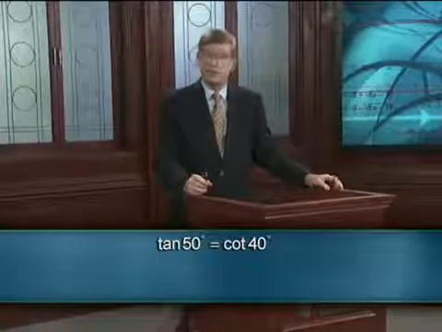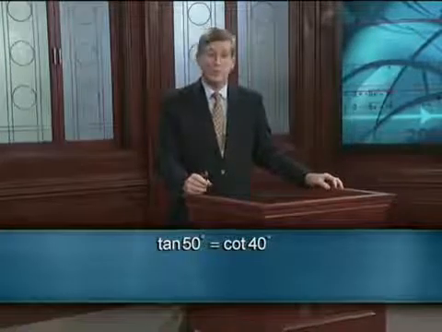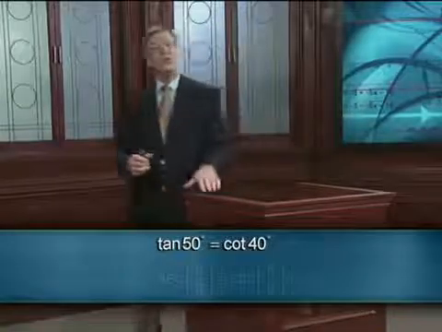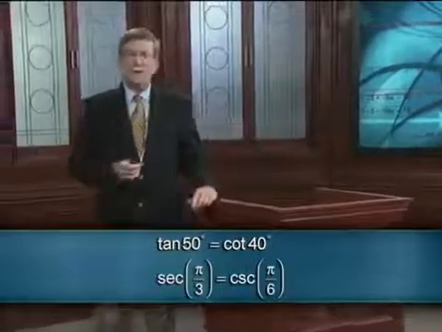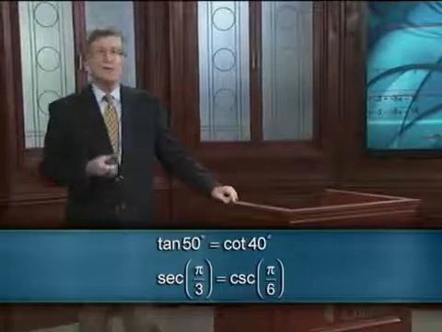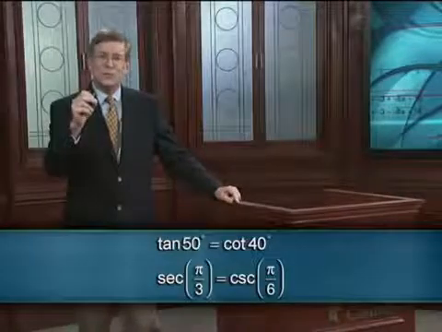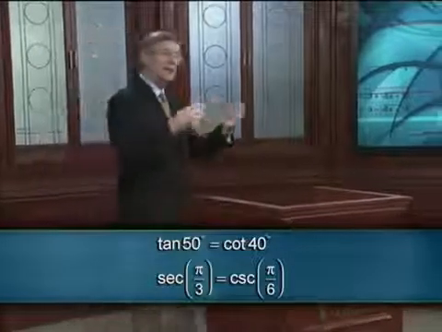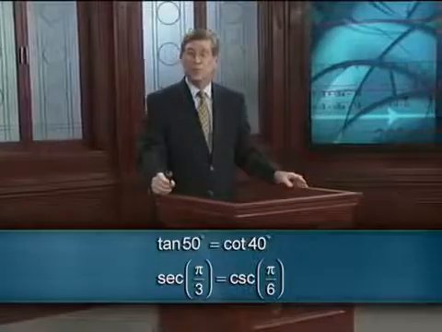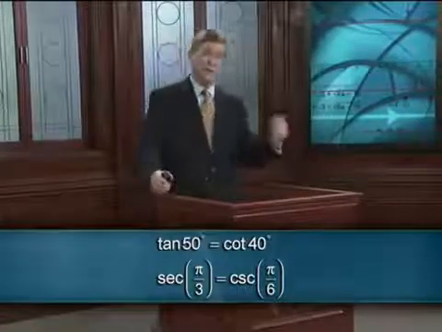They'll be the same because 50 and 40 are complementary. The secant of pi over 3 will be equal to the cosecant of pi over 6 because pi over 3 and pi over 6 add up to pi over 2, or 90 degrees if you convert back to degree mode. So that's kind of a nice little fact about trigonometry.